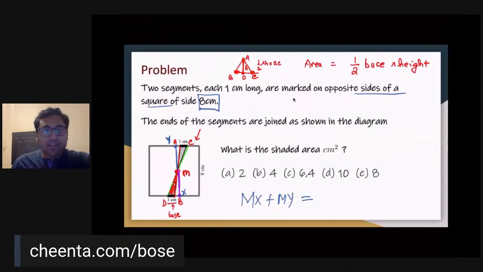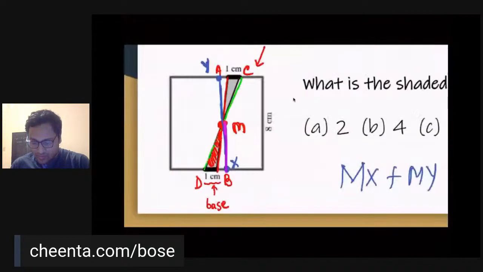As many of you are rightly pointing out, exactly. We are getting answers on both YouTube and Facebook. The length of MX plus the length of MY add up to 8 centimeters. Excellent. This is intuitively clear because if I zoom in, let me zoom in a little bit.